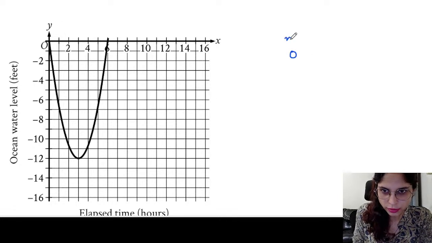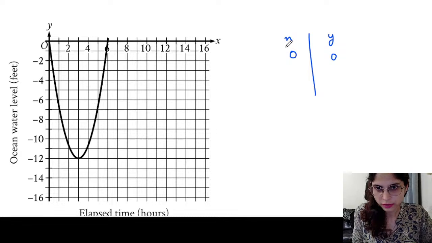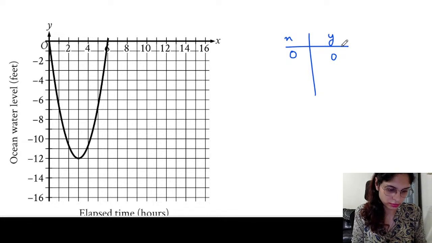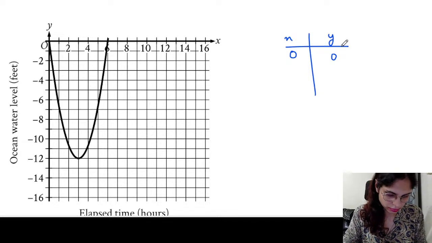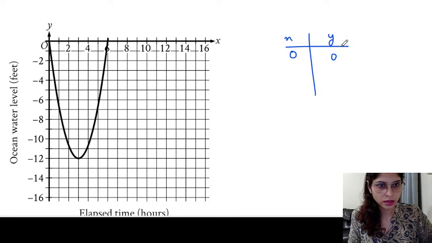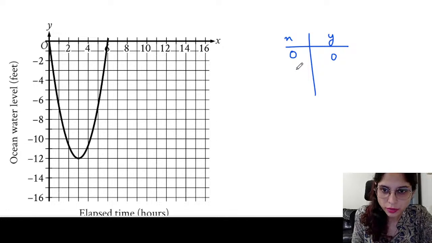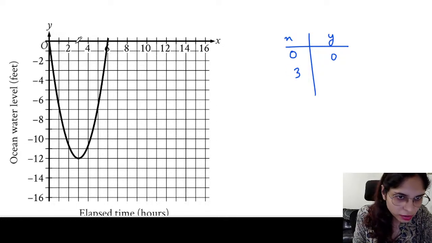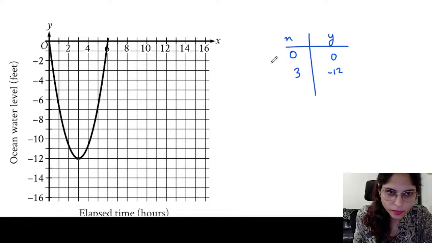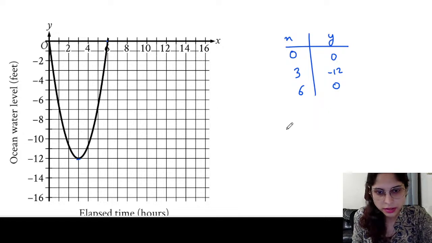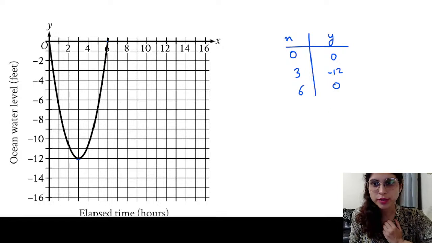At 0, the value is 0. And then they're talking about 3. So at 3 it's negative 12. We're talking about 6. At 6 it is 0 again. Here. So that is what we have.